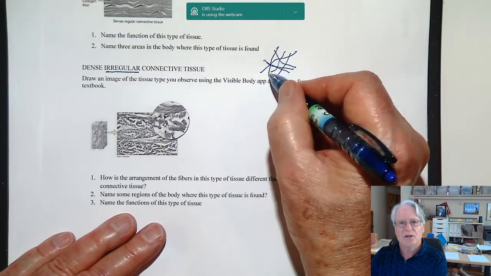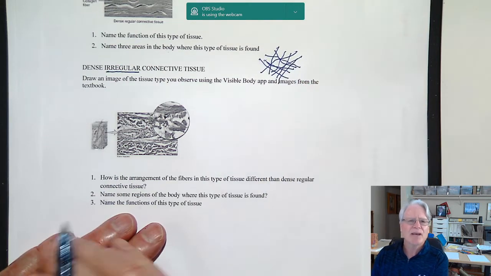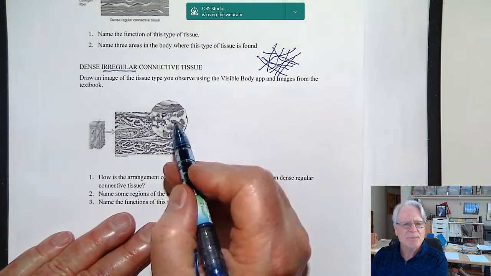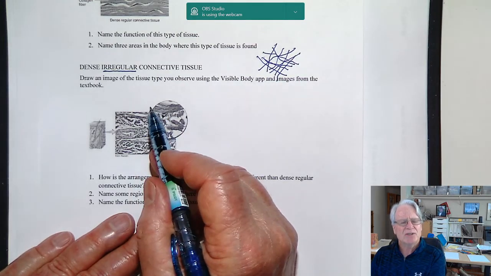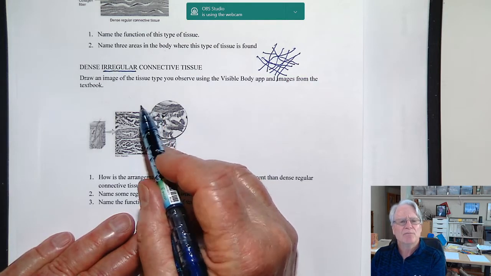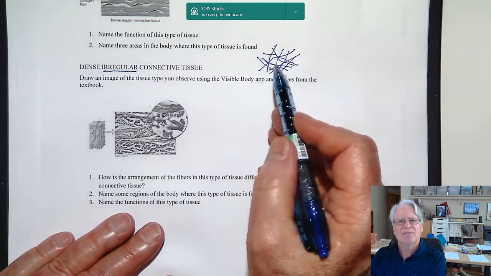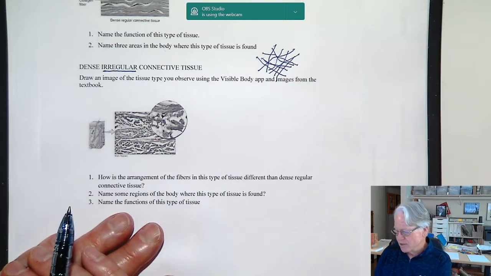They're not going to be all lined up in the same direction. They're going to have this kind of pattern. And why would that be the case? Because in this type of tissue, the lines of stress are not coming from a single direction, it's from multiple directions. And so you have to align the fibers in multiple directions in order to take on that stress.